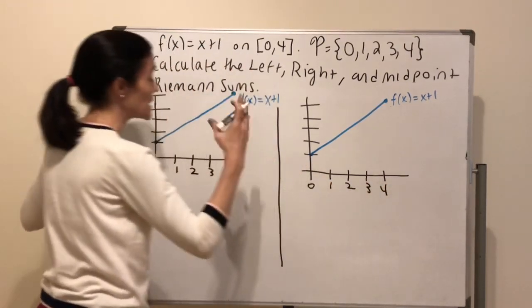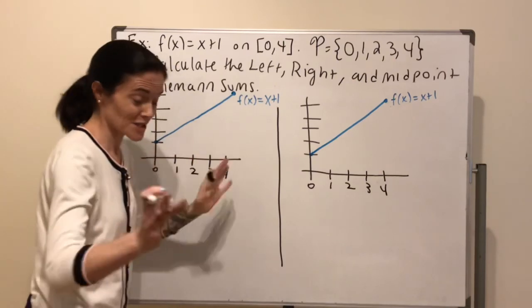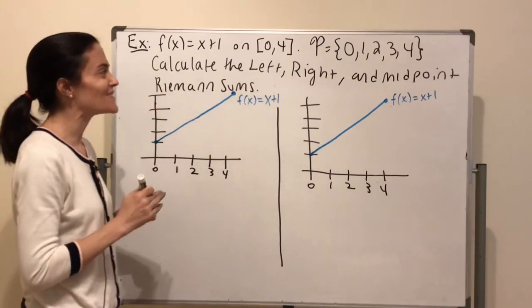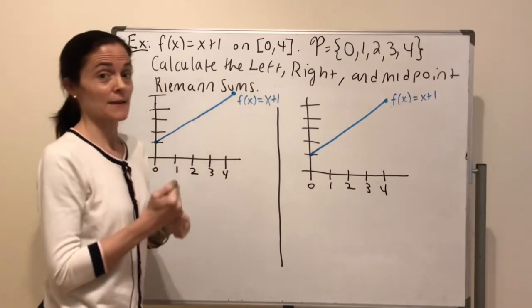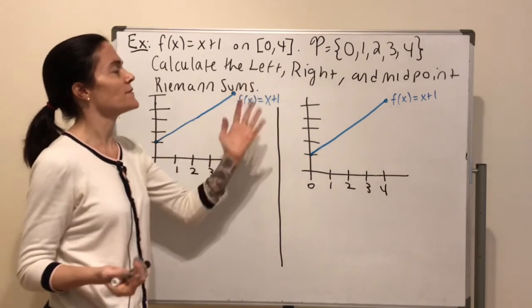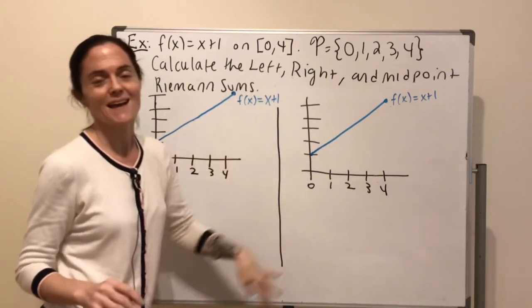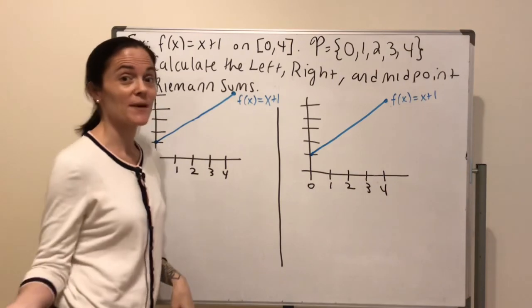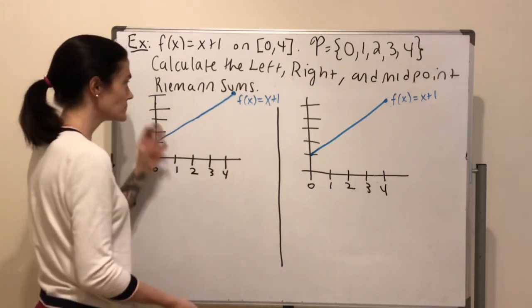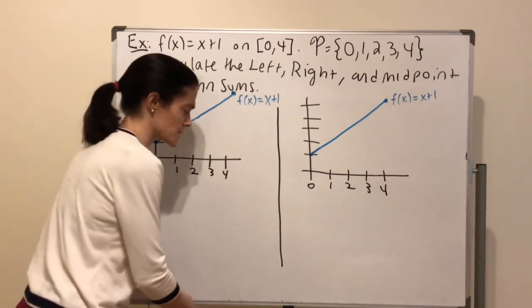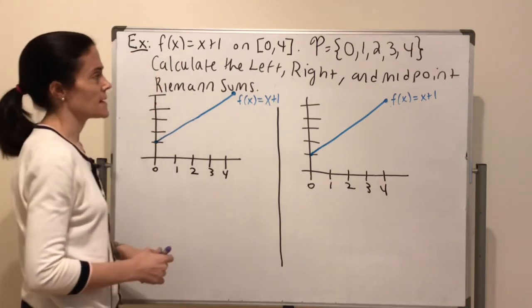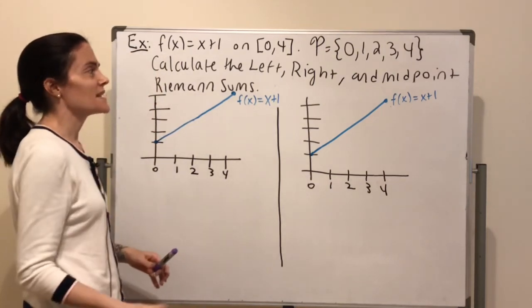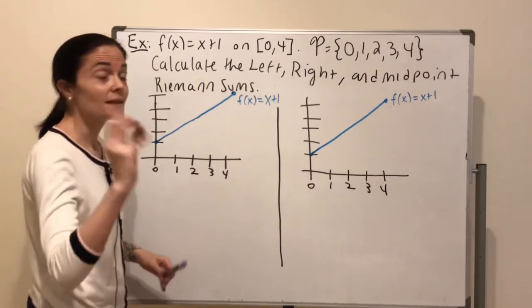And I have at least the function graph twice. We will do left, right, and midpoint. So maybe I will just start with left and right, and then I'll erase and redraw the graph for the midpoint Riemann sum.